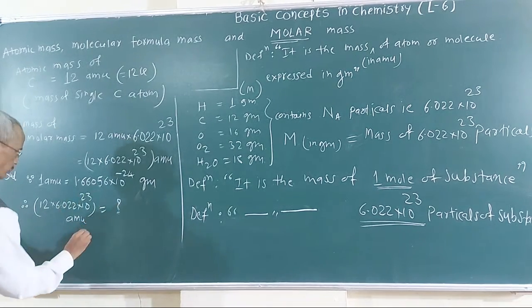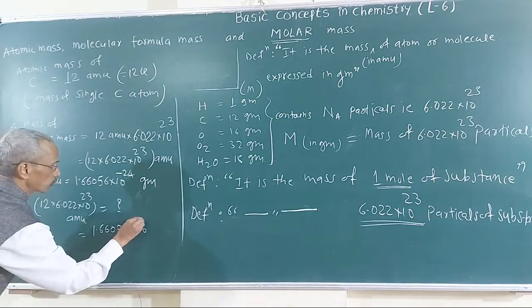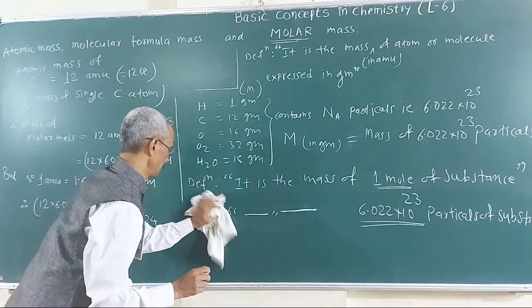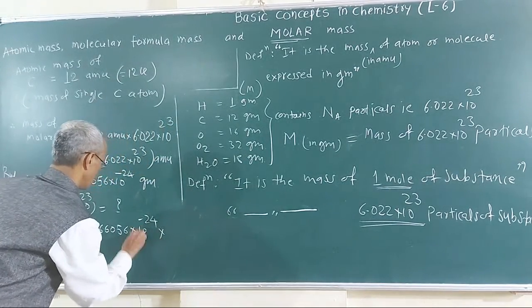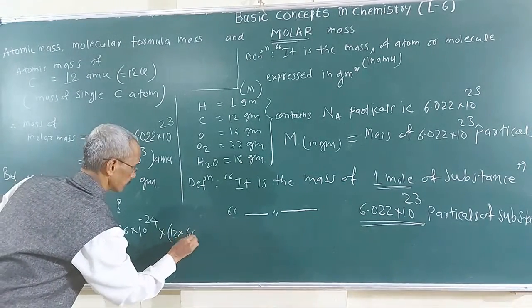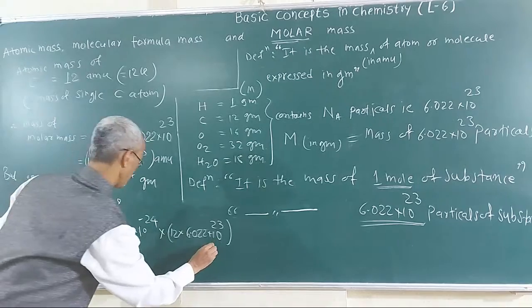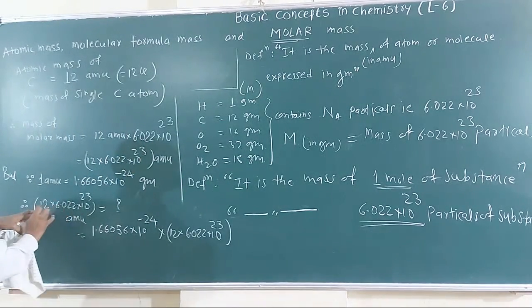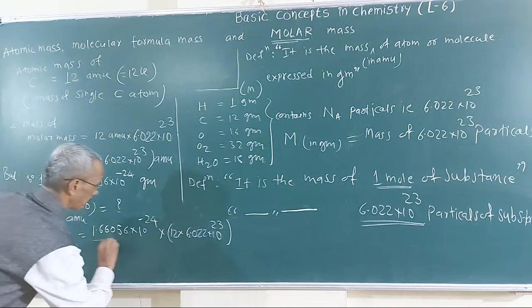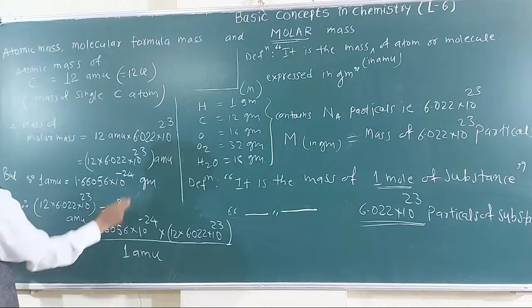How much is that? It equals 1.66056 × 10^-24 multiplied by 12 × 6.022 × 10^23.